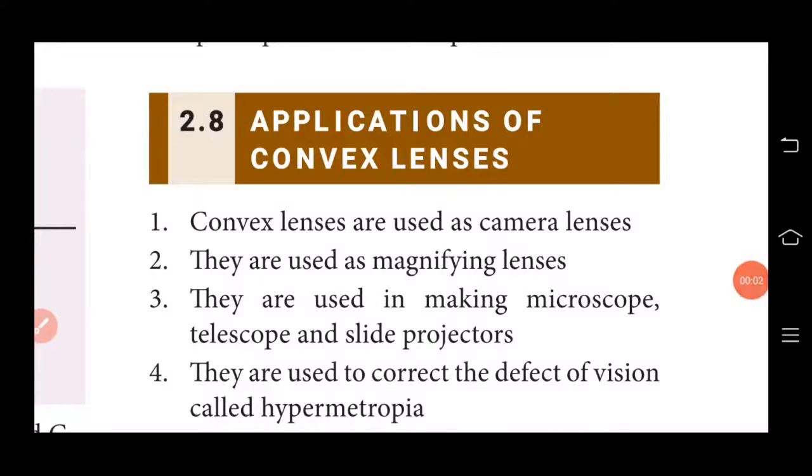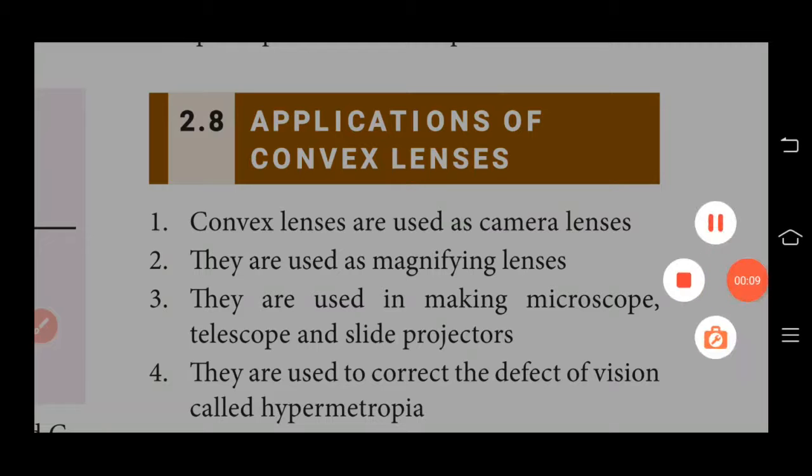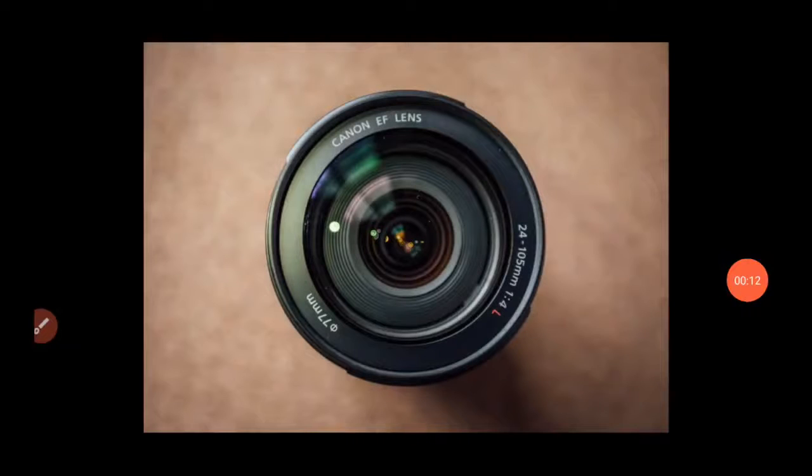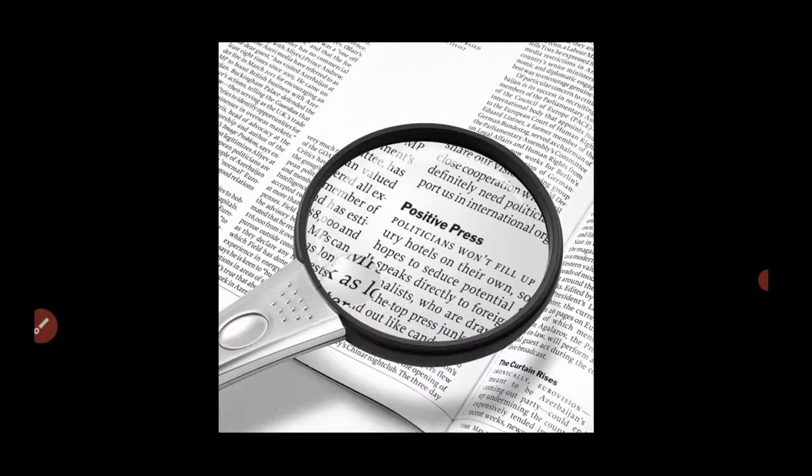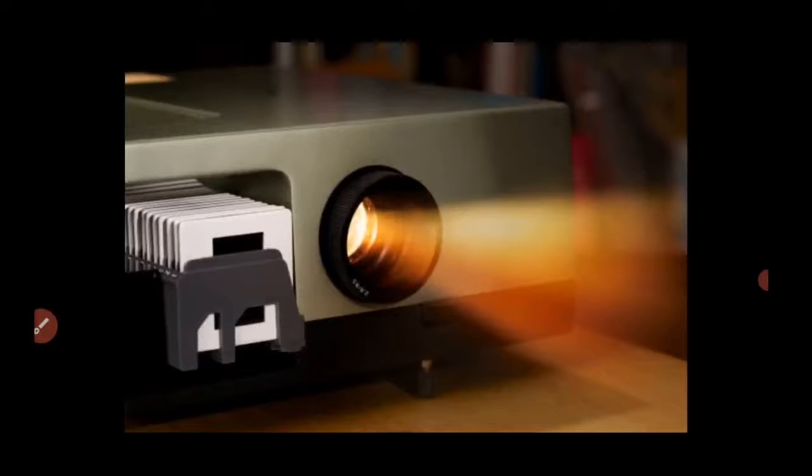Our next important topic is applications of convex lenses. Students, convex lenses are used as camera lenses. And then they are used as magnifying lenses to view the letters clearly. They are also used for making microscopes, telescopes and a slide projector. So this is a slide projector.